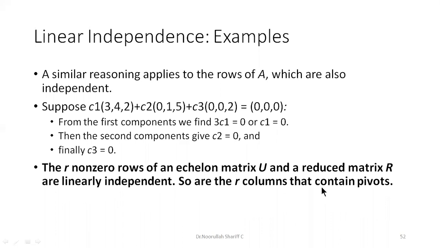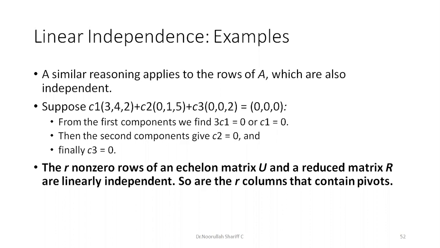Okay, so that means we can just reduce a matrix to a U matrix or an R matrix and find out which of the vectors in the matrix are linearly independent and which are dependent, whether there are any dependent vectors at all.